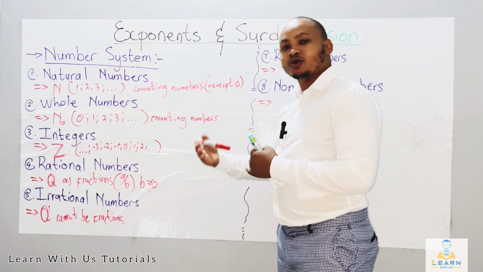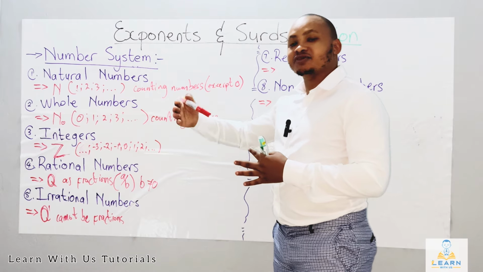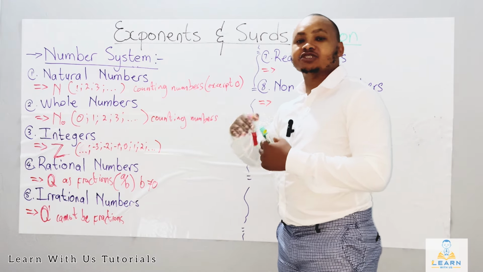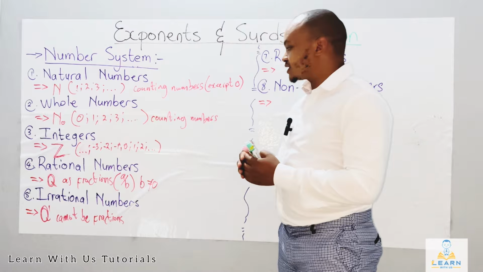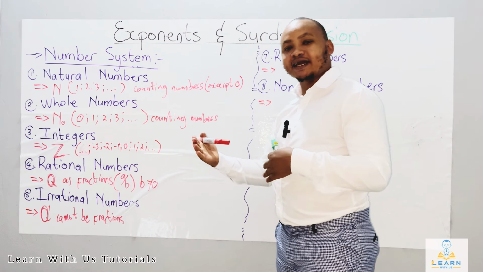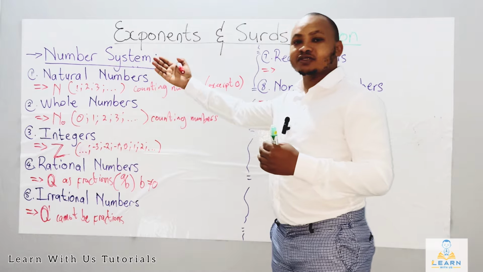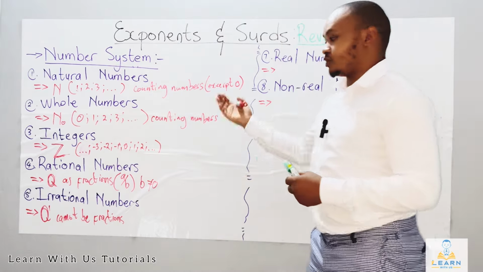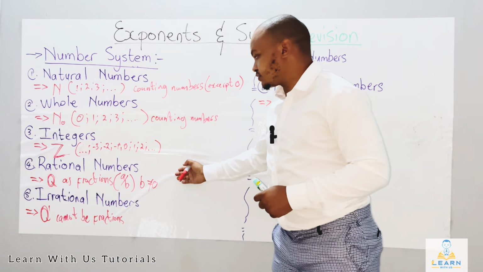So it means after the comma, they repeat. The number either repeats, whether it's 2 digits, 3 digits, but it needs to repeat. Or when it terminates, it needs to end at some point, all right? We need to see the ending. It shouldn't just carry on and on and on. All right, those would be rational numbers.